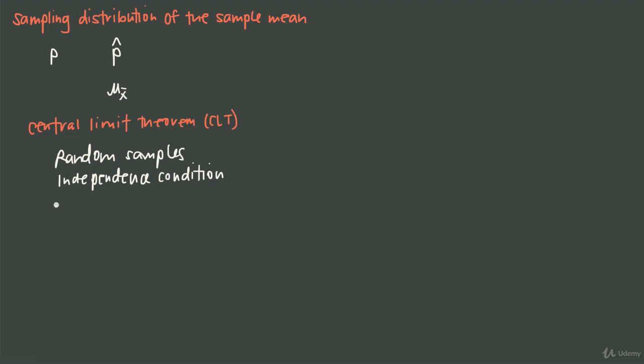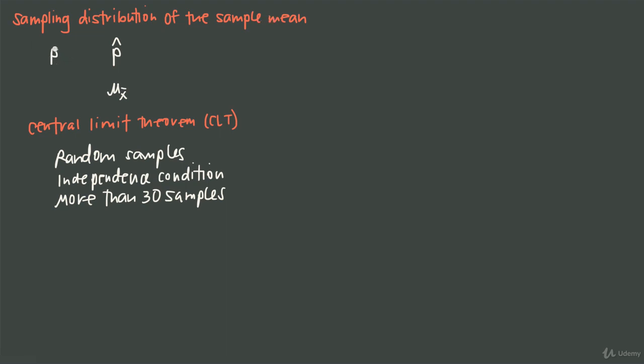And then the third one is that we need more than 30 samples. Now, this one has a couple of caveats to it as well. So if the distribution of the population is normal, so if the population is already normally distributed, then we can take a smaller number of samples if we want to, and the sampling distribution of the sample mean will still be normal.